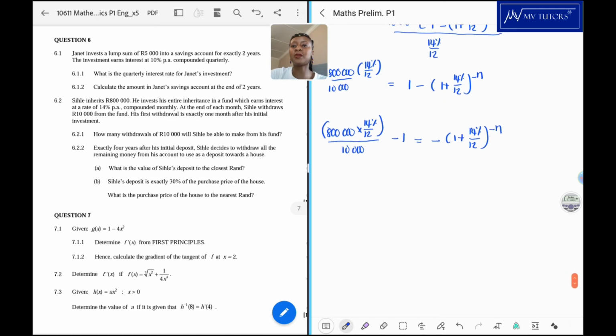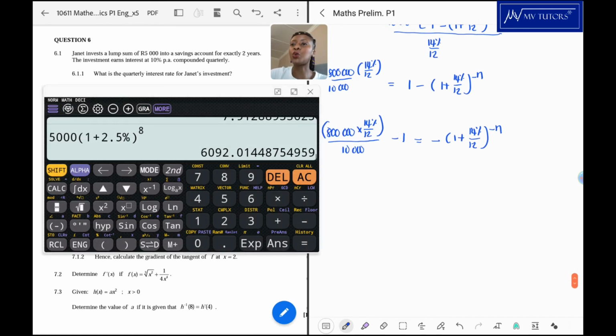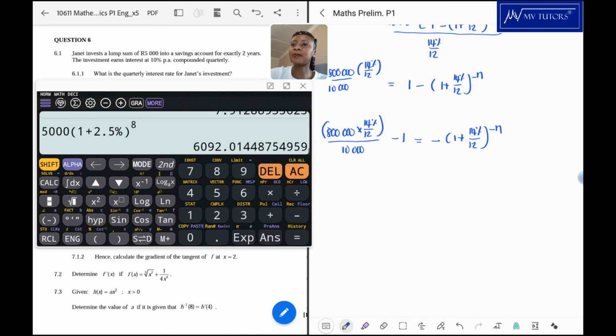Now I'm going to simplify it a bit. I don't want to load myself. So we have 800,000 multiplied by 14% over 12, and that is all over 10,000, minus 1.